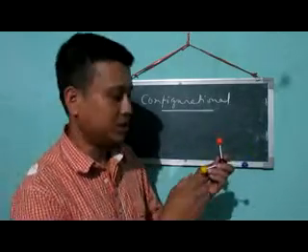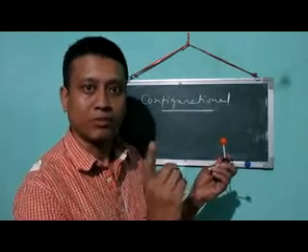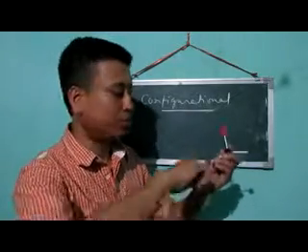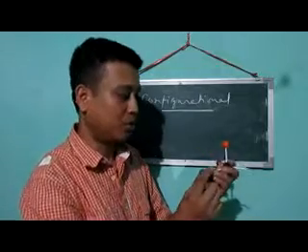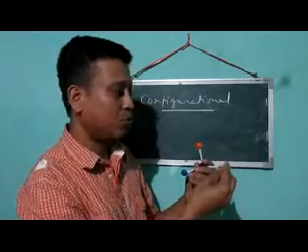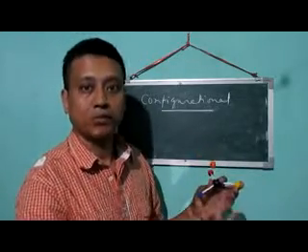Now how we can do this? We can do this by using chemical operation. Remember, we cannot do this by just applying some mechanical force or by twisting the molecule. So this is called configurational isomerism, where we apply some chemical force.